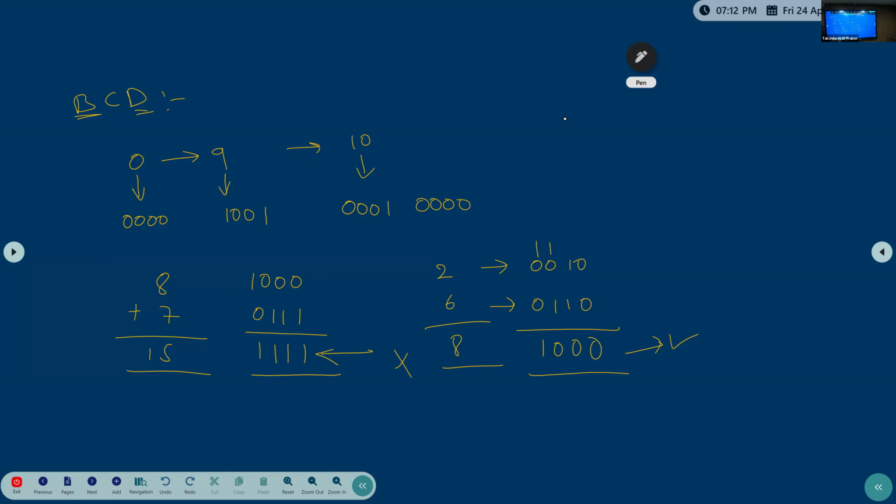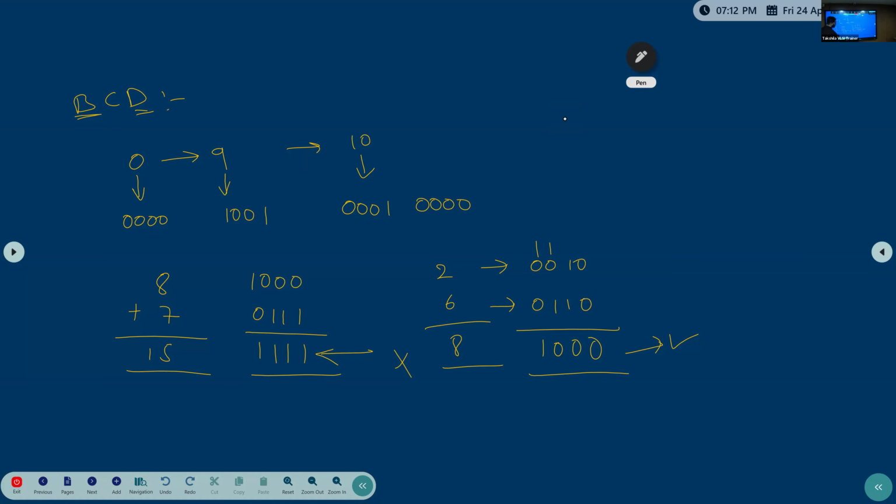Sorry, can you speak louder? For converting, sir, to represent BCD code. To represent in the BCD code, we need to add extra 3. Okay, we'll add it for this one. He's saying adding extra 3 will convert it into BCD.